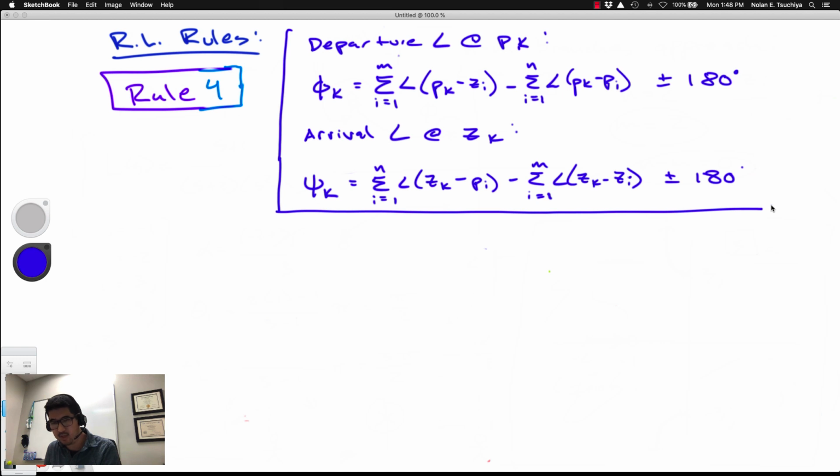The following examples will show you how to use Rule 4, which is really where the tricky part kind of comes in. Okay, so let's look at one example here.